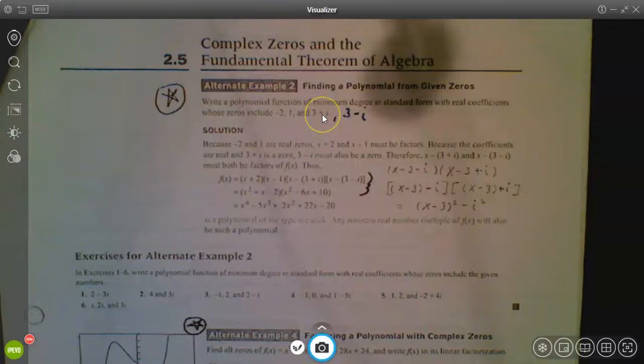So if I said x minus 3 plus i, that would look like this. And if I said x minus 3 minus i, that would look like this. So you can always say x minus the 0, whatever it is, in order to identify your factors, right? So there's the layout that would look like this.